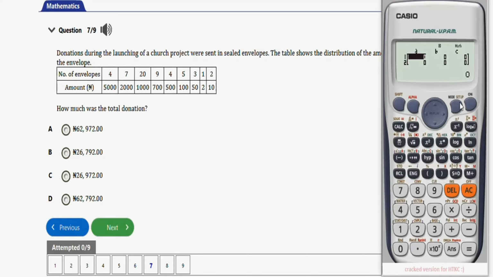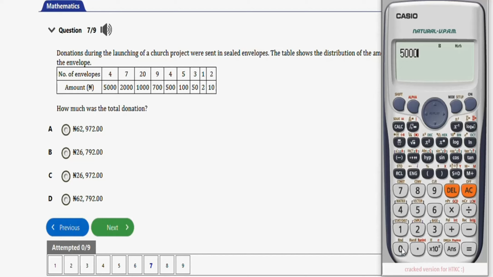So to wipe this, press mode, press 1. So this will be to get how much was the total donation. So it will be each of these amounts times the number of envelopes. So let's begin with 5,000 naira.